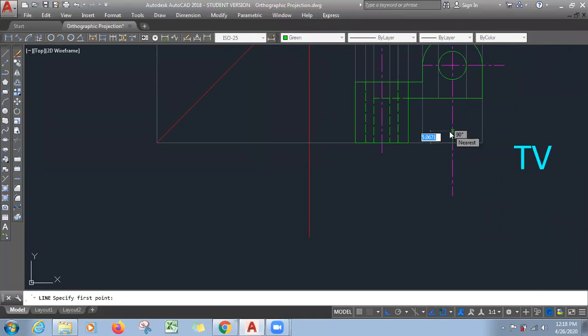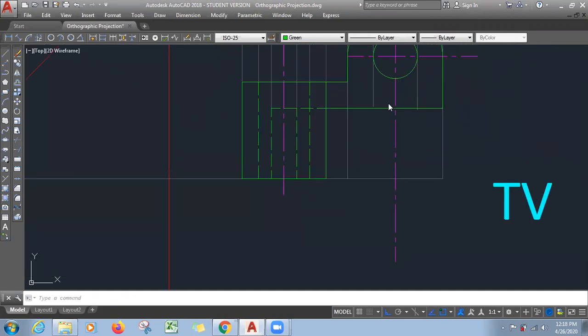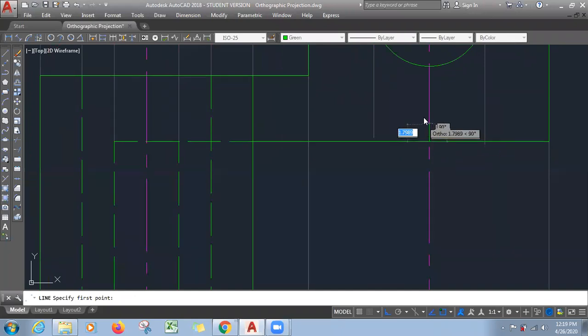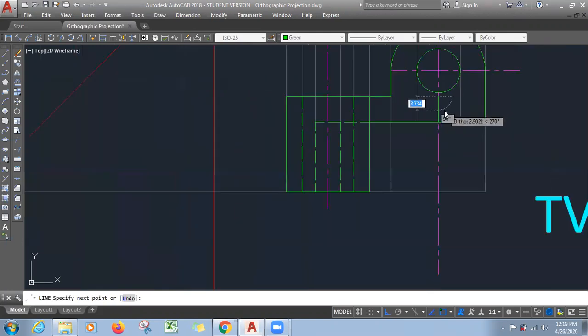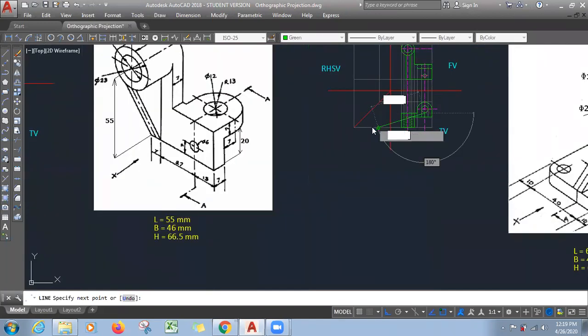So see here, length will be how much? One sec. At what level is it? At this surface, no? At this surface, it is going like this. So the depth is how much? 7 mm. One sec. My mistake. See how much? 7. Enter.